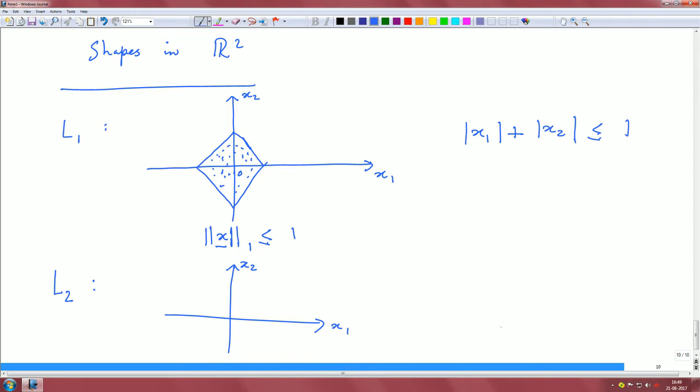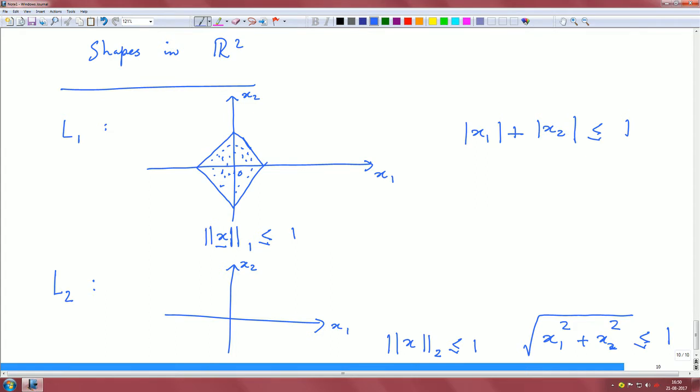Suppose I want the condition that my L2 norm of x is less than or equal to 1, right. Which means that when I take mod x1 squared, it is basically x1 squared, plus x2 squared, and I take the square root, and that has to be less than or equal to 1.